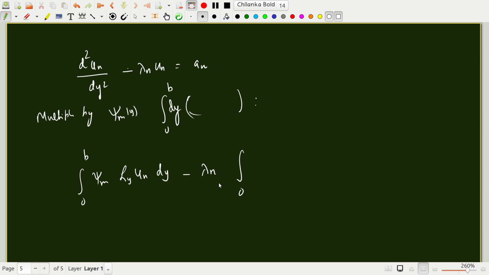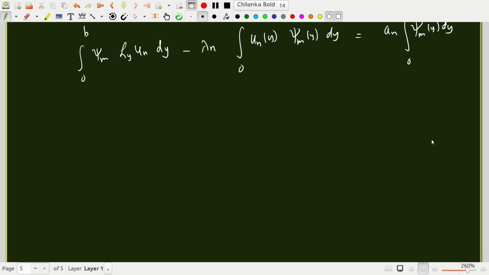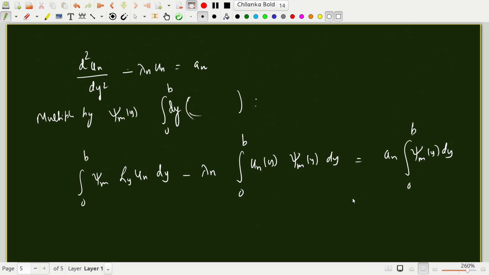This lambda n appears as such, 0 to b un of y psi m of y dy is an 0 to b psi m of y dy. Now this is again another constant. This will be a function of both an and am. Let's call this anm. So an times this constant, which is a function of m, will be designated as anm. This is definition, just notation.